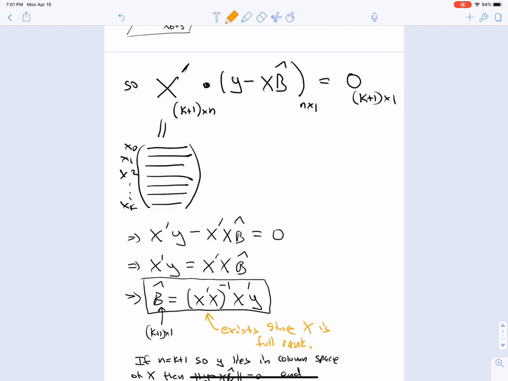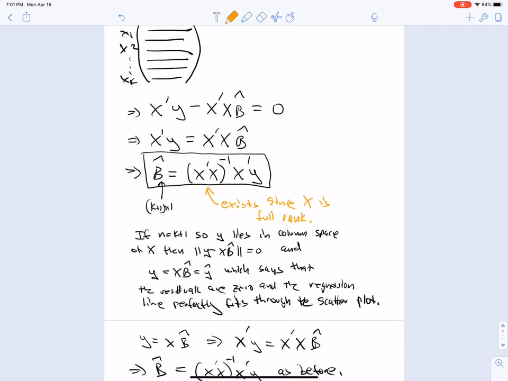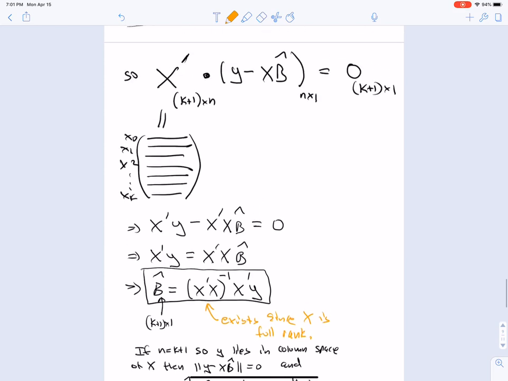You can solve this for beta hat, and you get that beta hat is (x transpose x) inverse x transpose y. And again, (x transpose x) inverse exists since x has full rank. So now that solves the problem.